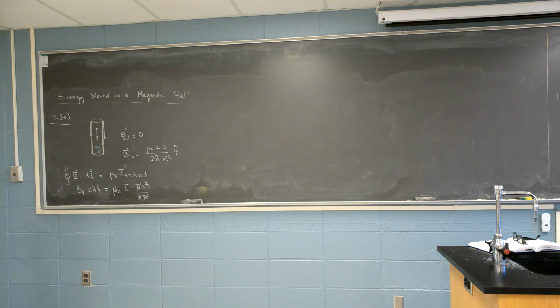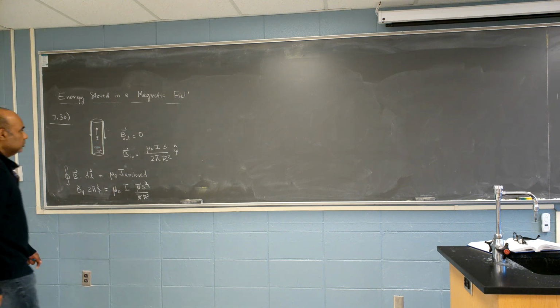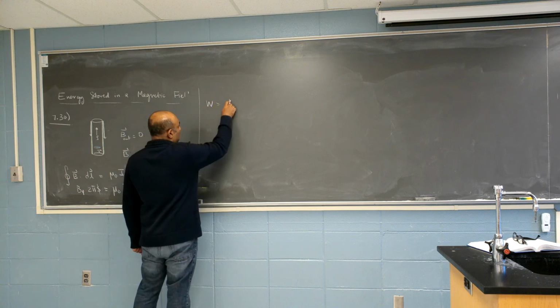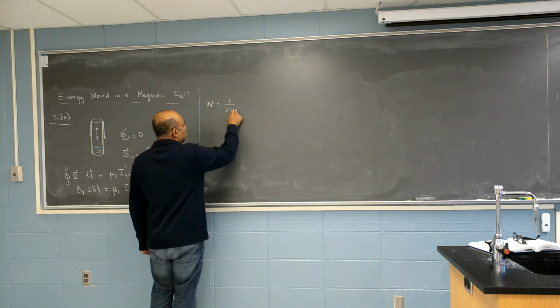Did I do my algebra right? Mu 0 I s over 2 pi r squared. Okay, so then the energy stored in this magnetic field is 1 over 2 mu 0.